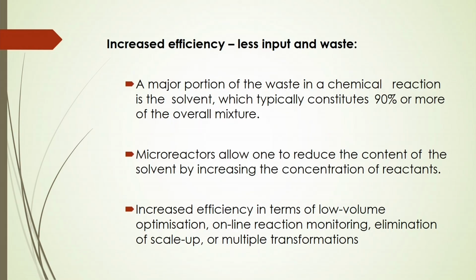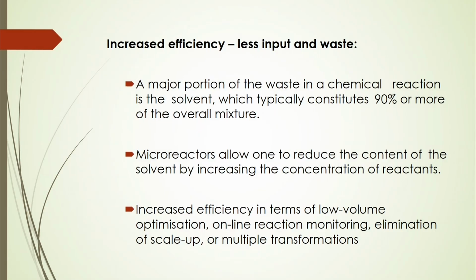Now, in this microprocess technology for process intensification, another important dimension to be considered is how to increase efficiency with less input and waste. The major portion of the waste in a chemical reaction is the solvent, which typically constitutes 90% or more of the overall mixture, and microreactors allow us to reduce the solvent content by increasing the concentration of the reactants.